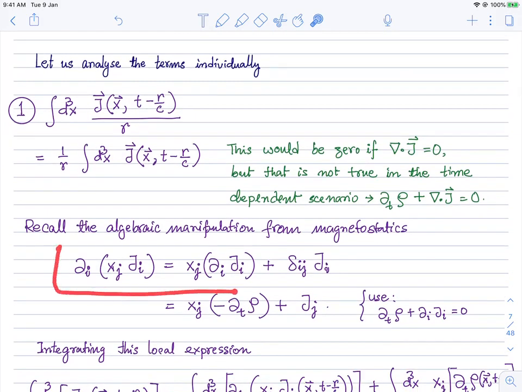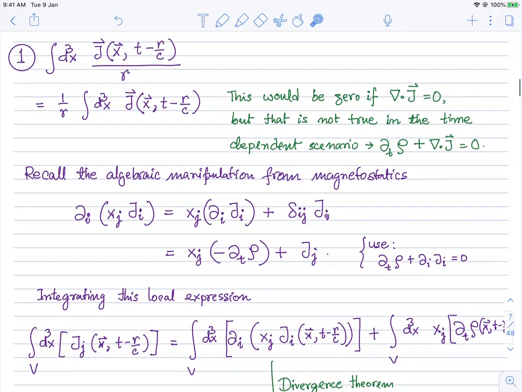So we use a very similar identity, and wherever the divergence of J appears, we use the charge conservation equation to write it as the time derivative of the charge density.